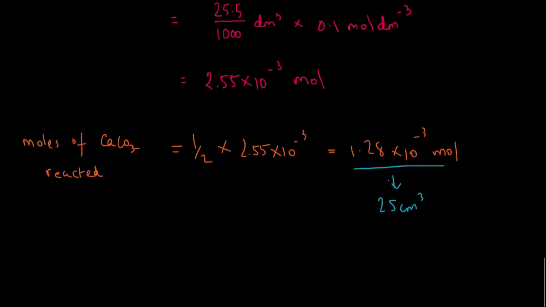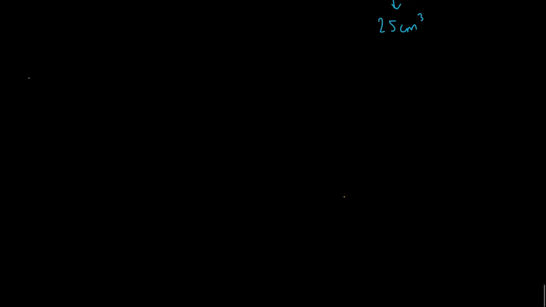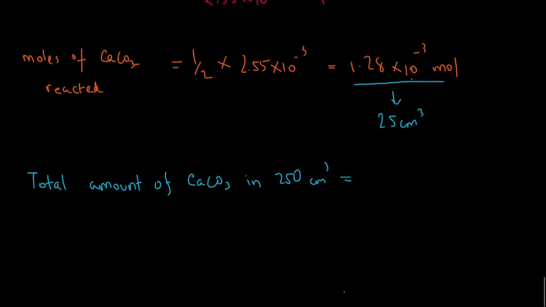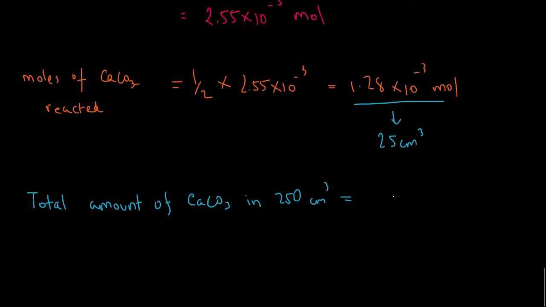So that means the total amount of calcium carbonate, which is in 250 cm cube solution, should be 10 times this, right? So how do I know 10 times?